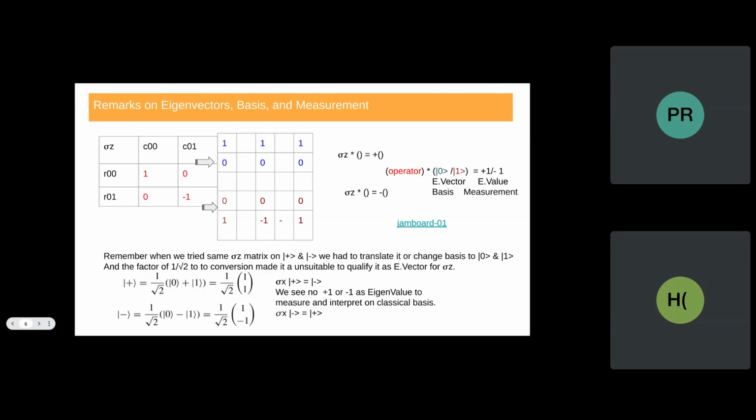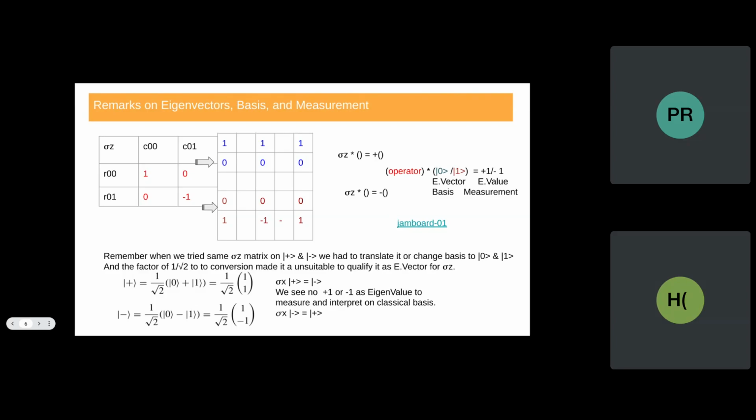If you sum this, it is 1 plus 0, which is 1, and 0. So ultimately, the vector ket 0, the column matrix 1 0, multiplied by the Pauli matrix sigma z, you get back the same. So it preserves it. You just call it plus 1.